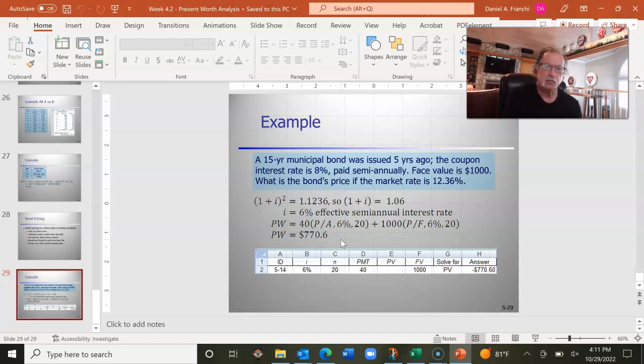Interest rates were 8% nominal when we issued it. 5 years have gone by. So the pricing for a 10-year bond today is now 12% nominal. And pricing for a 15-year bond, because interest rates tend to be higher the longer the maturity date, is probably even higher than 12%. Now these are canned numbers for a class example, but the principle works.